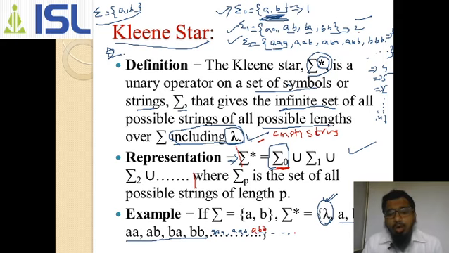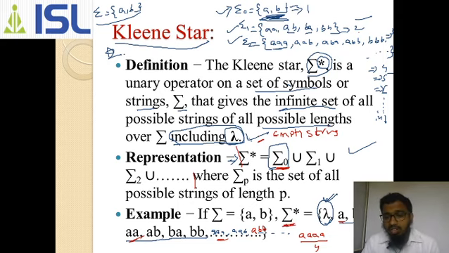Like this you will get all possible strings of all possible lengths. This is length 1, this is length 2, this is length 3, this is length 4. So like this you get all possible strings of all possible length over sigma.